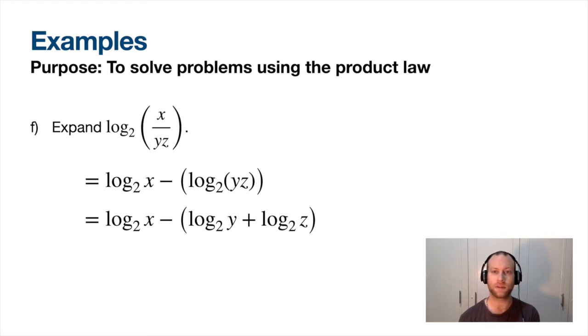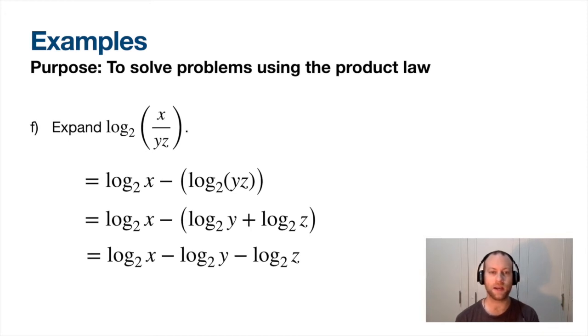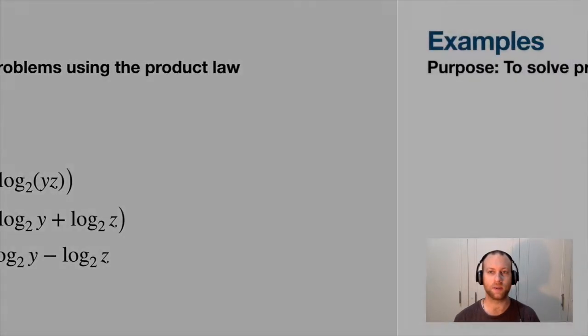The purpose of this should be quotient law. Whoops. To solve problems using the quotient law. And then I can bring the negative into the terms in there, and then this is going to be my expanded equation. Notice again, I'm expanding it to talk about each individual log with each variable.